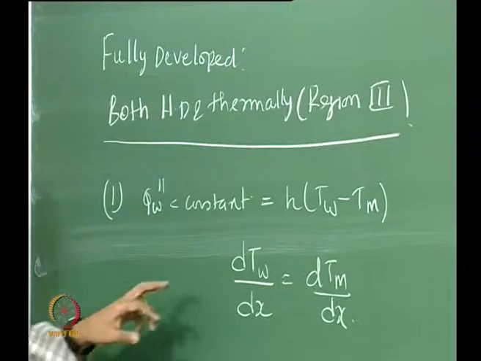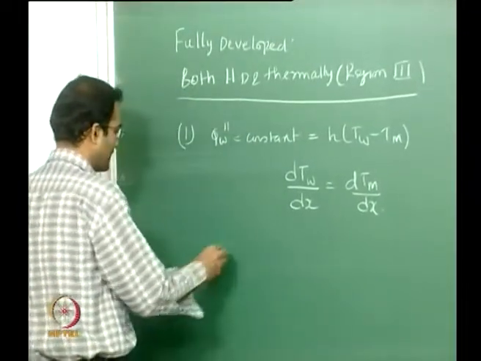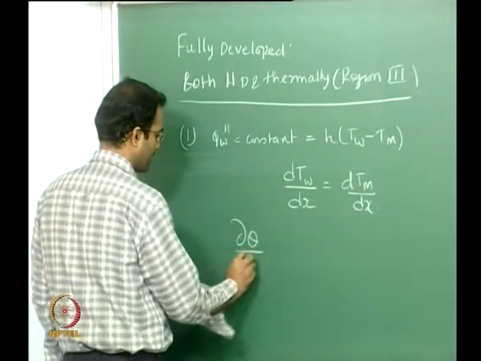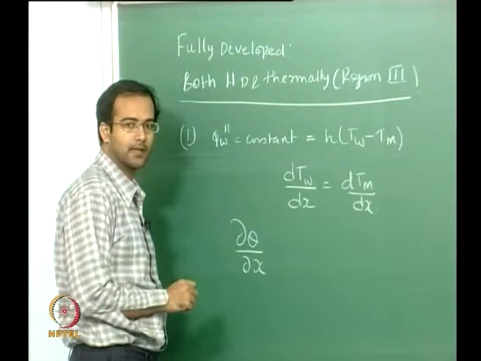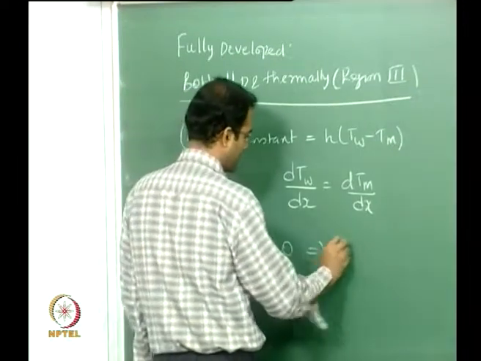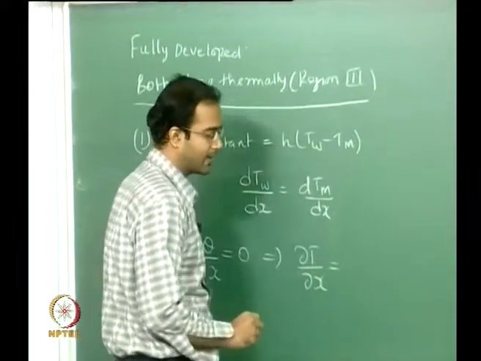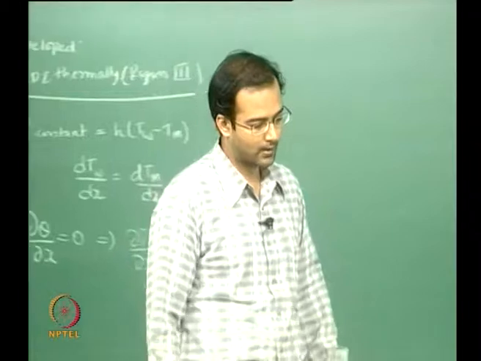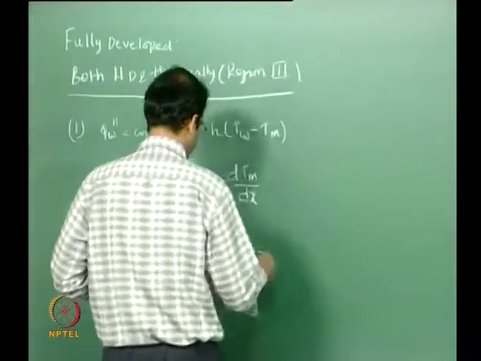Also, for thermally fully developed flows the non-dimensional temperature gradient variation axially is 0. From this we obtained an expression for dT by dx in terms of dT wall by dx and dTm by dx.